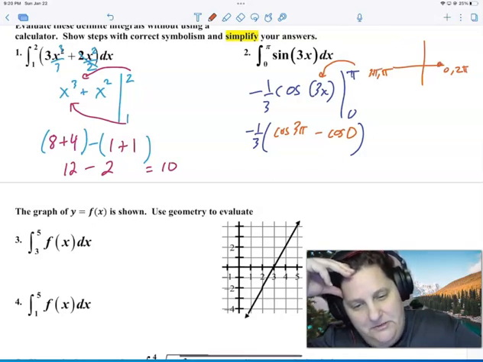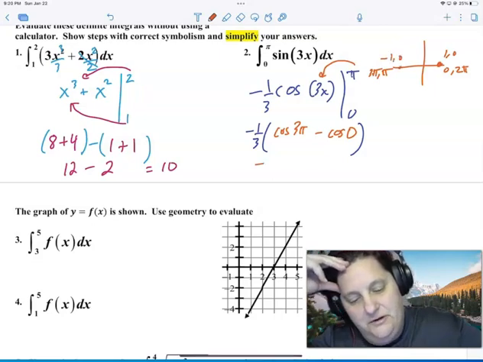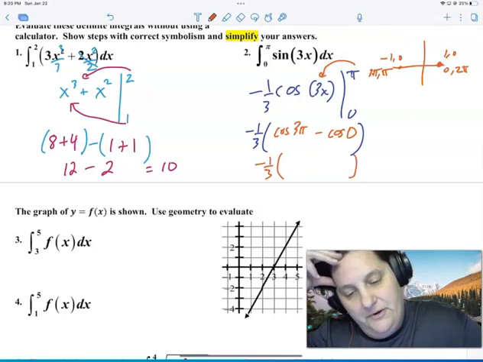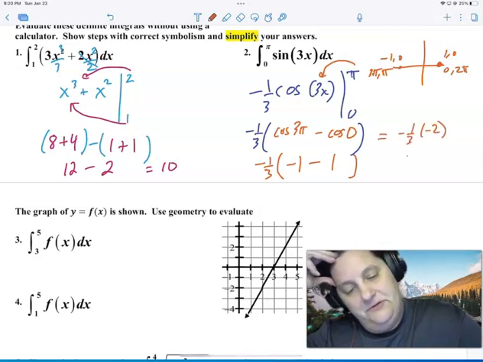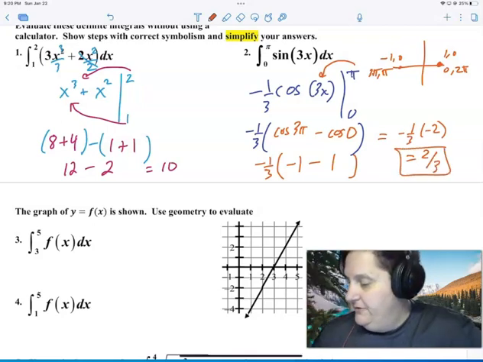And the point here is the point 1, 0, and the point here is the point negative 1, 0, and cosine is the x coordinate. So 3 pi, the cosine is negative 1, and the cosine of 0 is 1. Okay, so this is negative 1/3 times negative 2, or 2/3. That's what we get for that one.